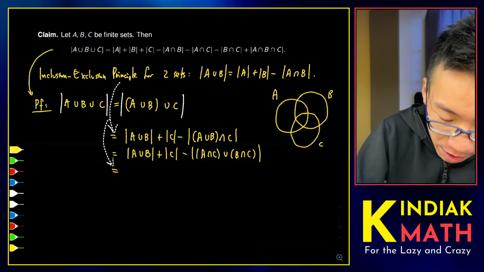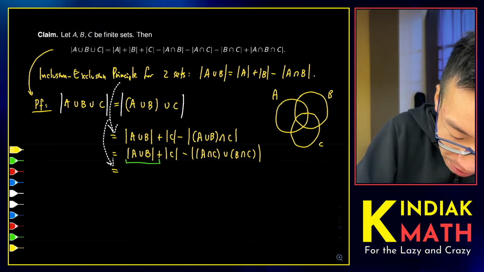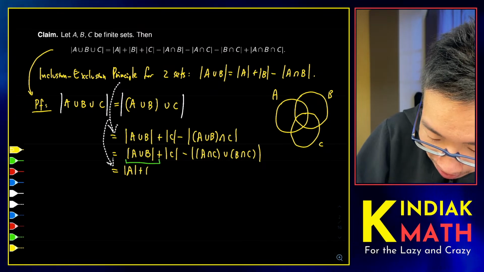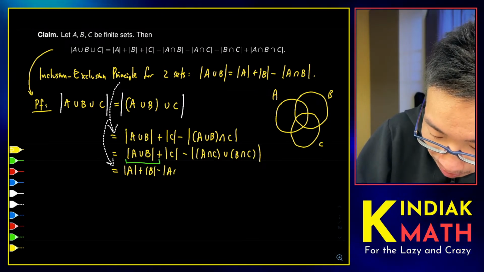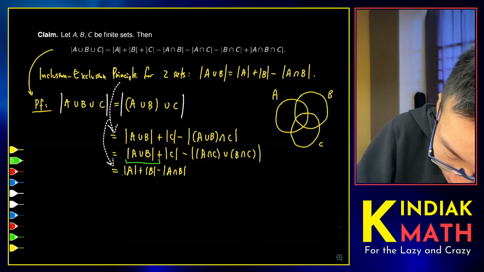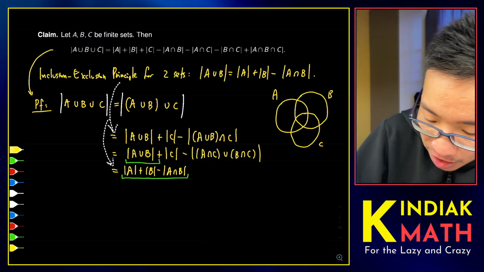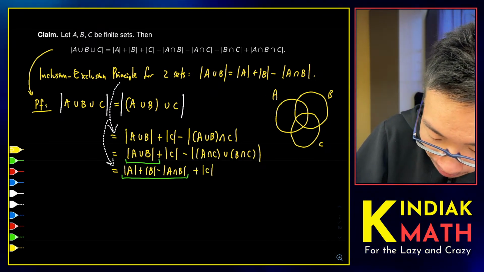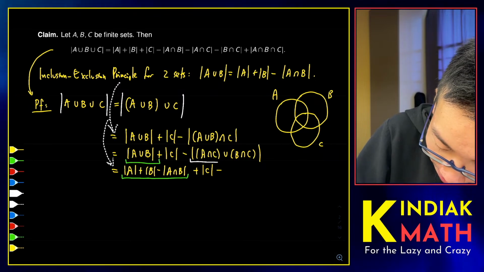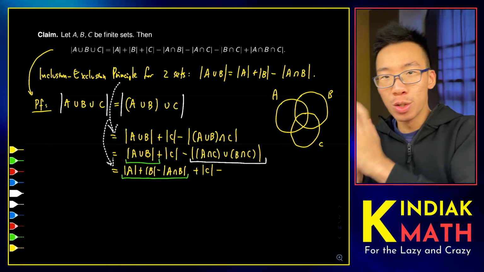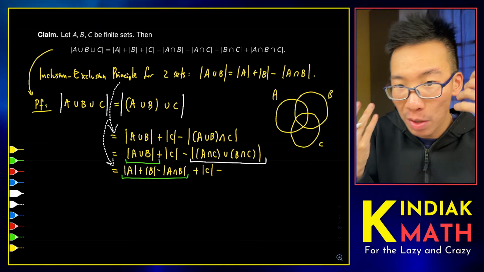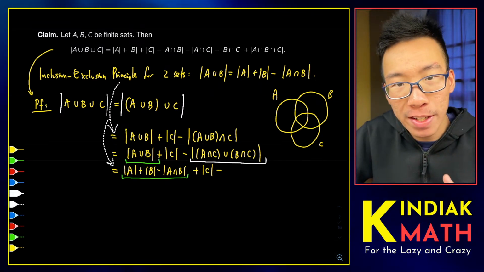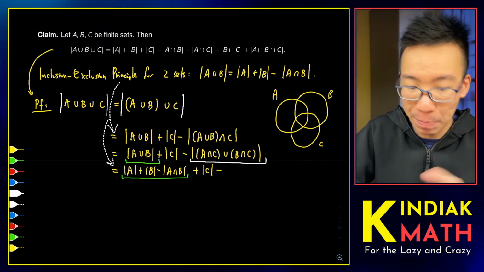But in this situation, we can unpack A union B to get A plus B minus A intersect B. C will just remain as C. And then this union of sets can also be expanded using the inclusion-exclusion principle.